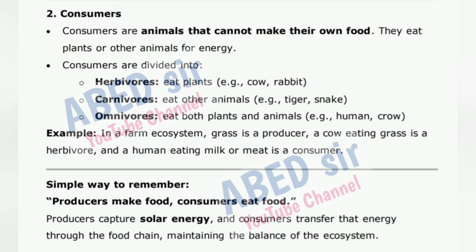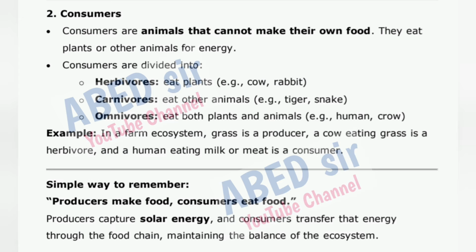2. Consumers. Consumers are animals that cannot make their own food. They eat plants or other animals for energy. Consumers are divided into: herbivores, eat plants, example, cow, rabbit. Carnivores, eat other animals, example, tiger, snake. Omnivores, eat both plants and animals, example, human, crow.